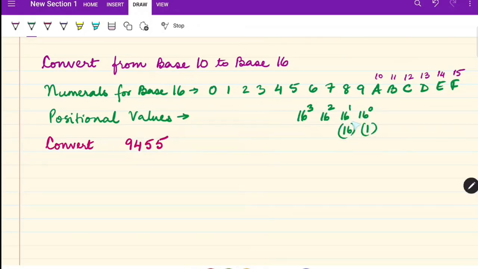So 16 to the power 1 is 16, then we have 256, and then we have 4096. So 16 cubed is 4096, all right? So we'll start the process of division. We will be dividing 9,455 by 4,096 to begin with.